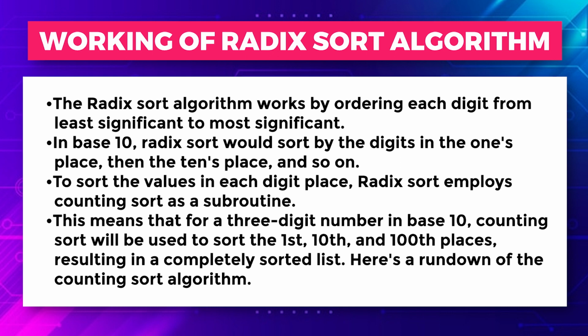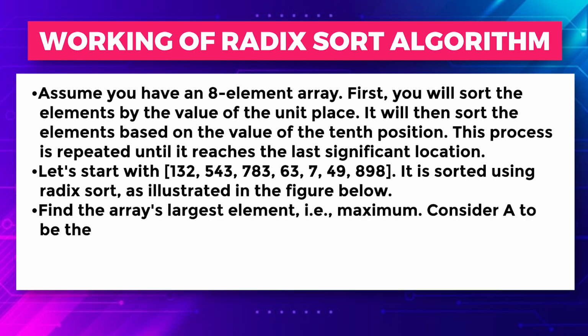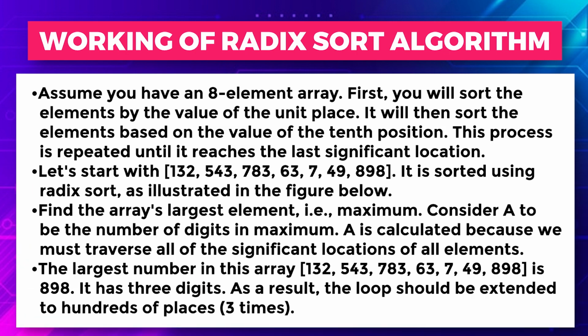Here is a rundown of the algorithm. Assume you have an 8-element array. First you sort the elements by the value of the unit place. It will then sort the elements based on the value of the tens position. This process is repeated until it reaches the most significant location.